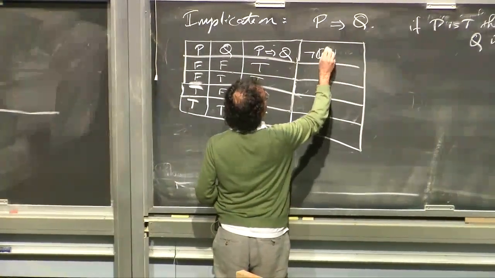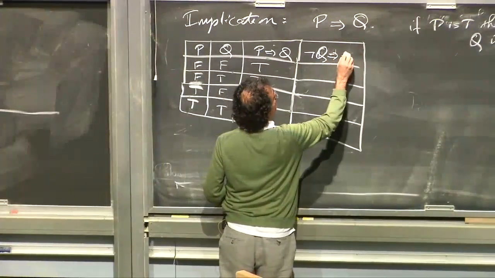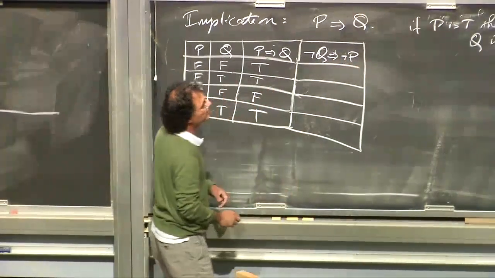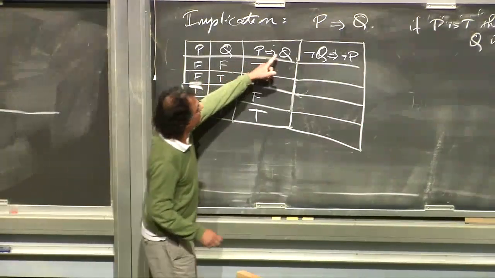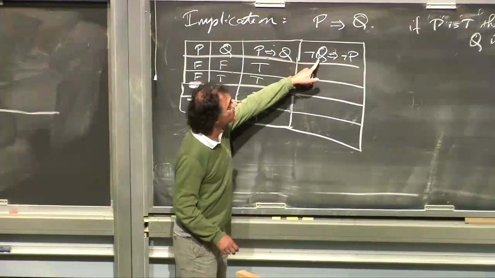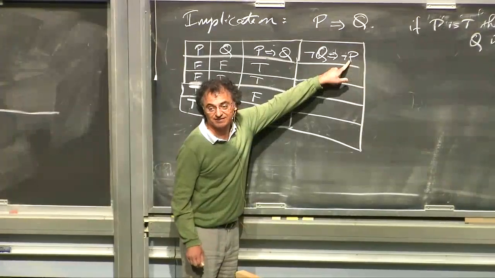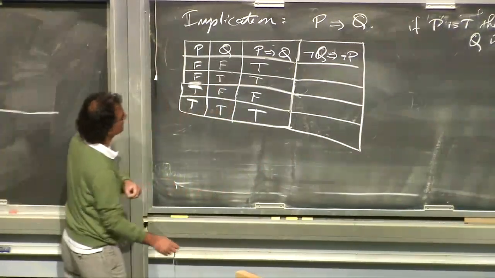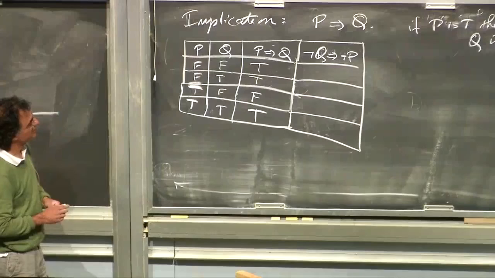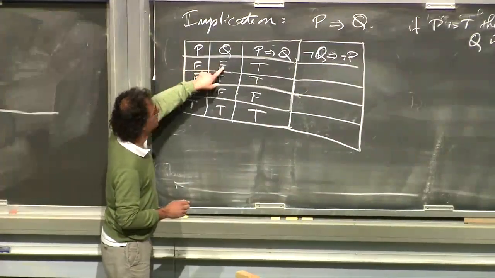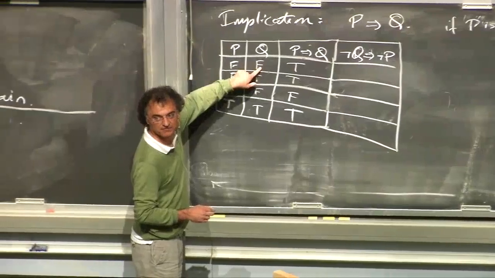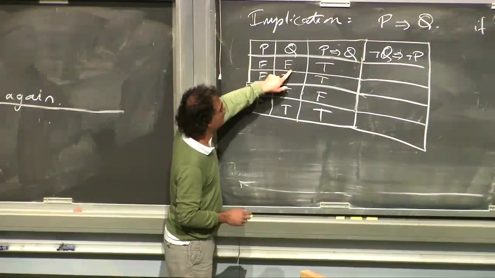Not Q implies not P. Okay, so this was P implies Q. That was not Q implies not P. So does not Q imply not P here?